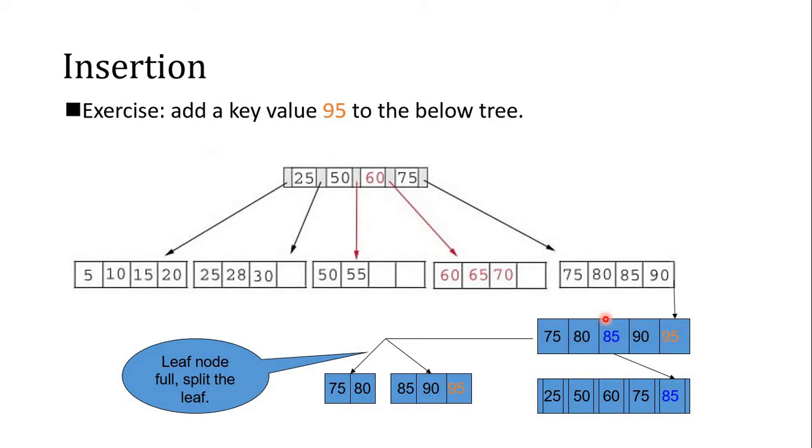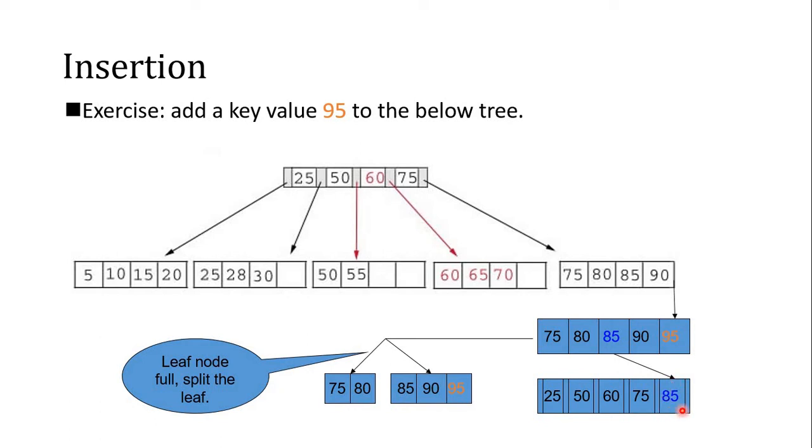So we have to promote a key value up, into the markup level. If we consider this markup level here, 20, 25, 50, 60 and 75 are already here. If we move 85 up, because 85 is the median among these 5 here, there is no space for 85 here.